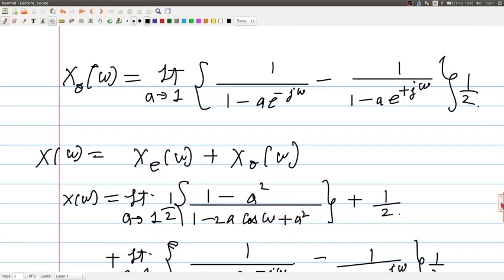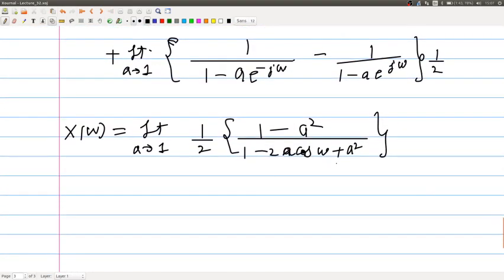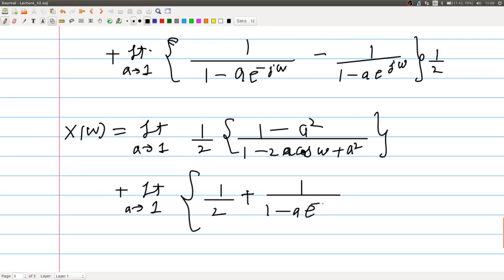Yeah, I missed the 1 by 2 here. So 1 by 2 plus limit a going to 1 of 1 by 2 plus 1 upon 1 minus a e to the power minus j omega minus 1 upon 1 minus a e to the power plus j omega.